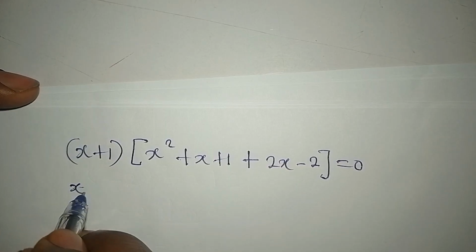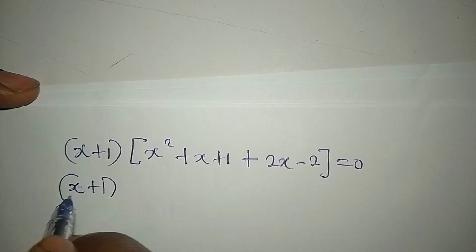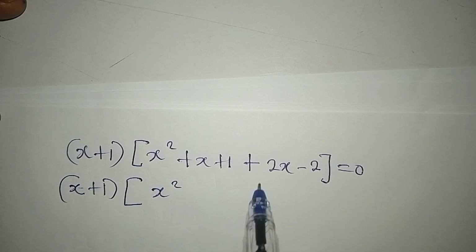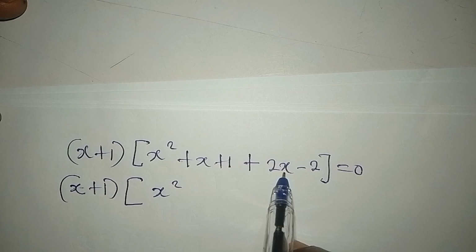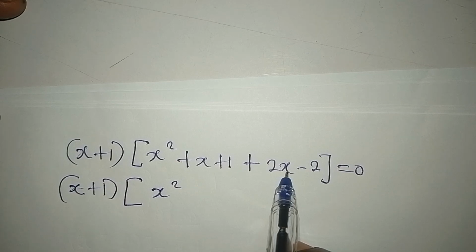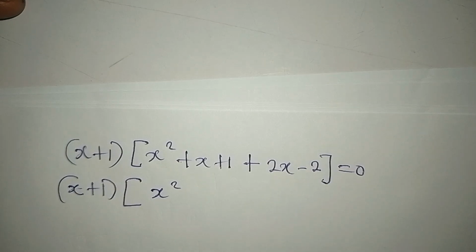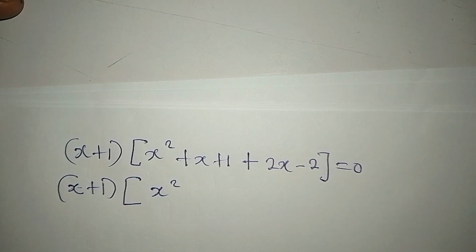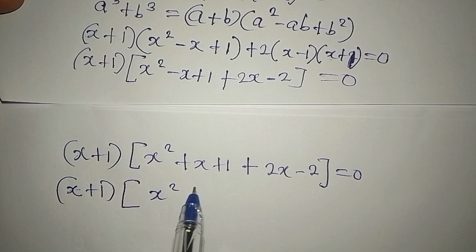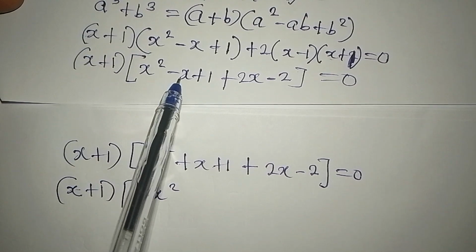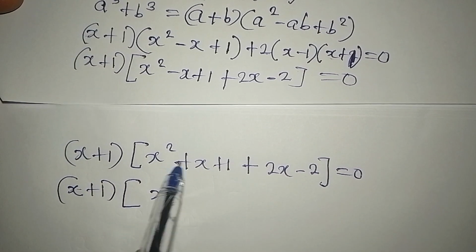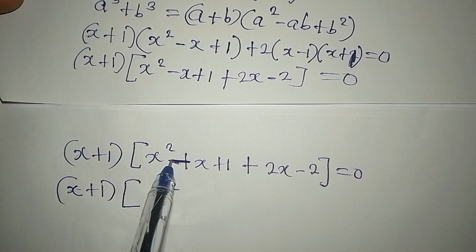So we have x plus 1. Then in here, I have x squared. Let's go back to what we got before. Okay, so from here, this is minus x, so this should be minus x, not plus x. So we have negative over here.